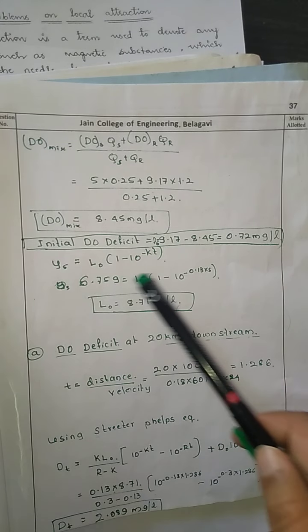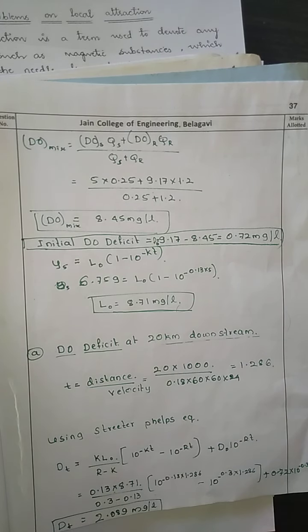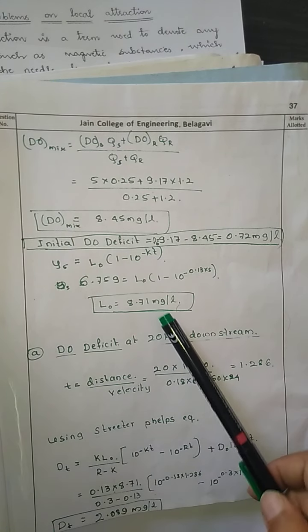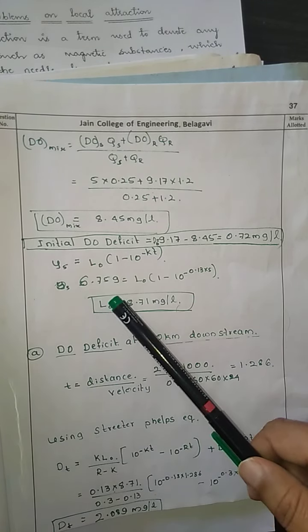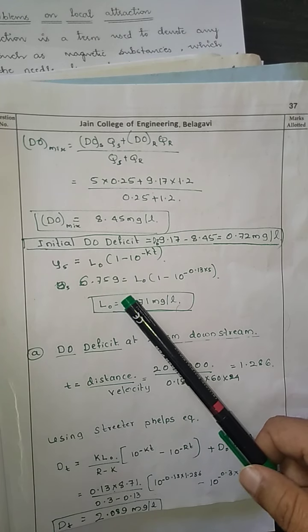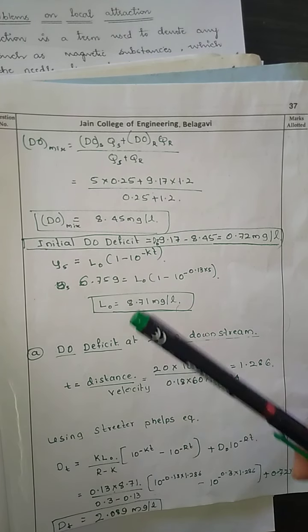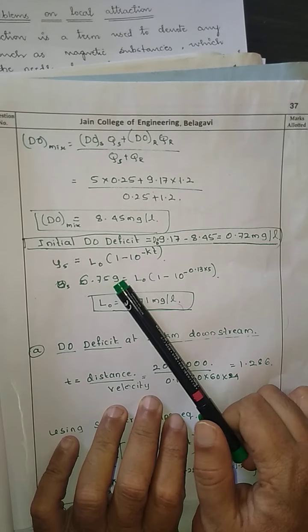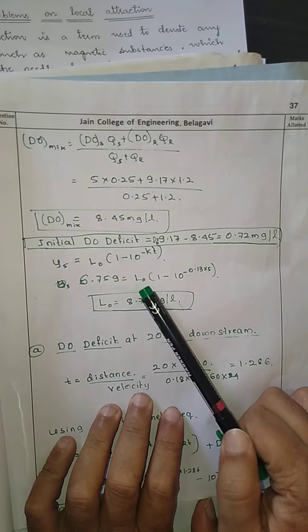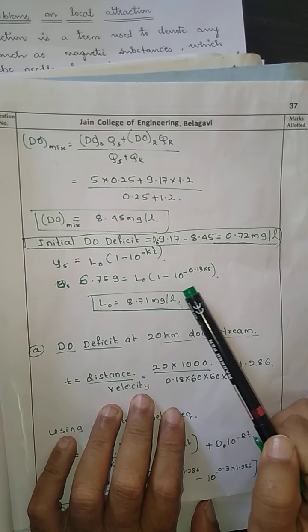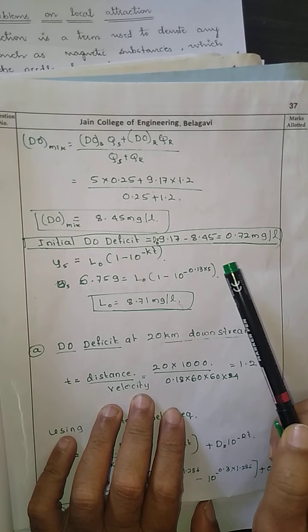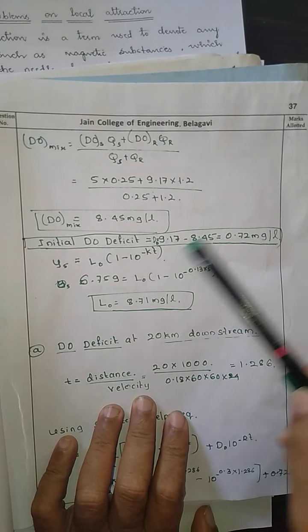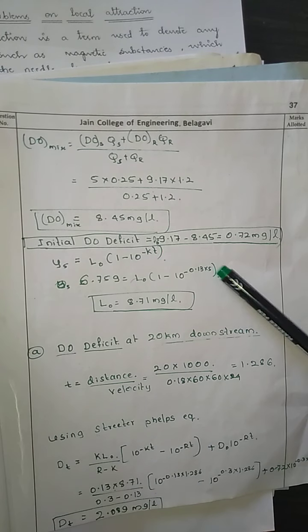Now by using the BOD formula, we can find the initial BOD. The BOD is 6.75, equal to L naught times 1 minus 10 to the power minus KT. The K value we already know, and it is given in the problem that the BOD at the end of 5 days is given.